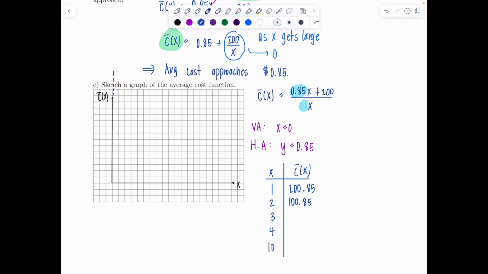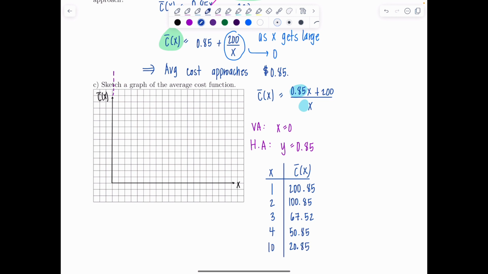If x is 3, 0.85 times 3 plus 200 divided by 3, average cost is 67.52. If x is 4, 0.85 times 4 plus 200 divided by 4, 50.85. And then if x is 10, 0.85 times 10 plus 200 divided by 10, 20.85. So let's plot that.